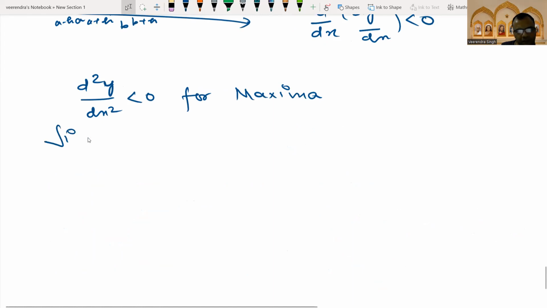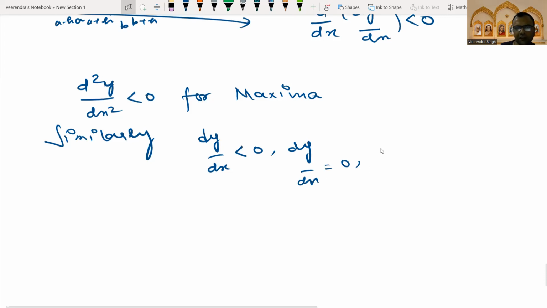Similarly, from B minus h to B, dy by dx is less than 0. Then at x equals B, dy by dx equals 0, and at x equals B plus h, dy by dx is greater than 0.